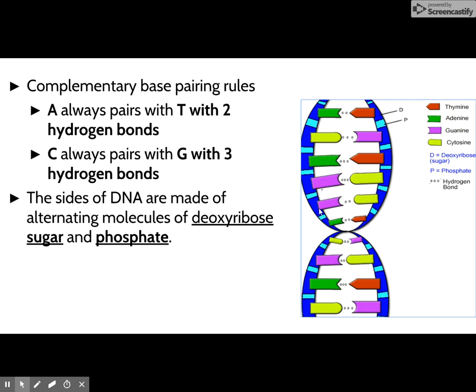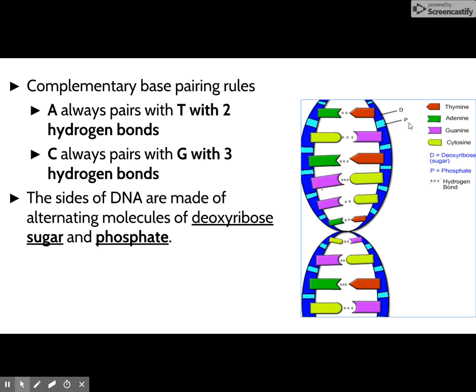And like I said before, we have these backbones, or the sides of DNA, made of alternating molecules of deoxyribose sugar and phosphate. So in this diagram, this dark blue color here that they've identified with a D, that's the deoxyribose sugar.